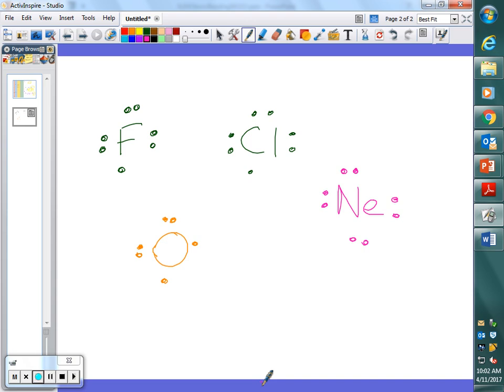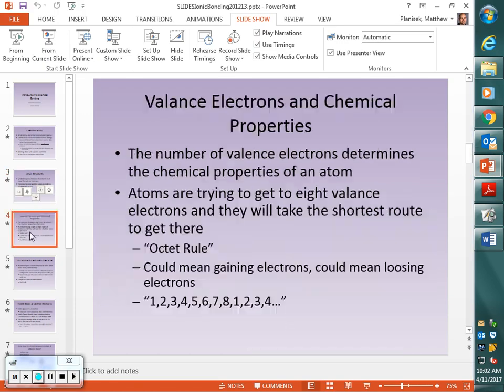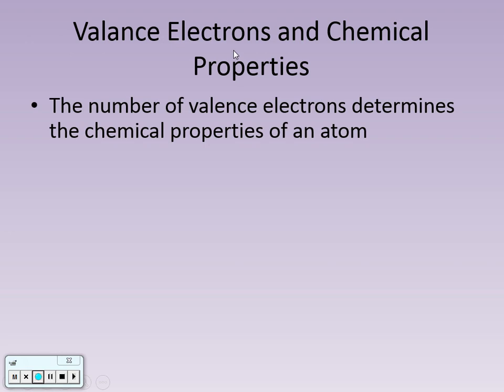Filled, with 8, so now it has 8 valence electrons. We'll find out that's important when we start looking at the behavior of these atoms. So what we find out is the number of valence electrons determines the chemical properties of the element.